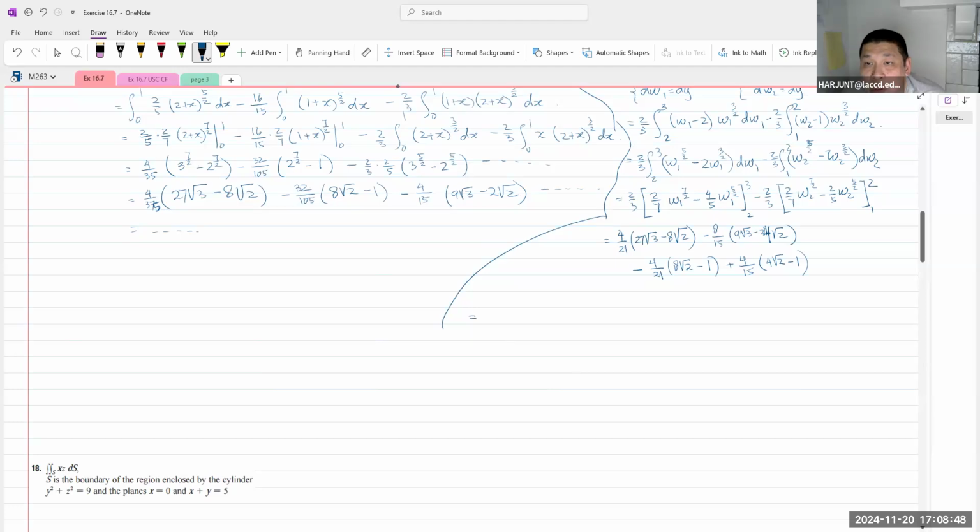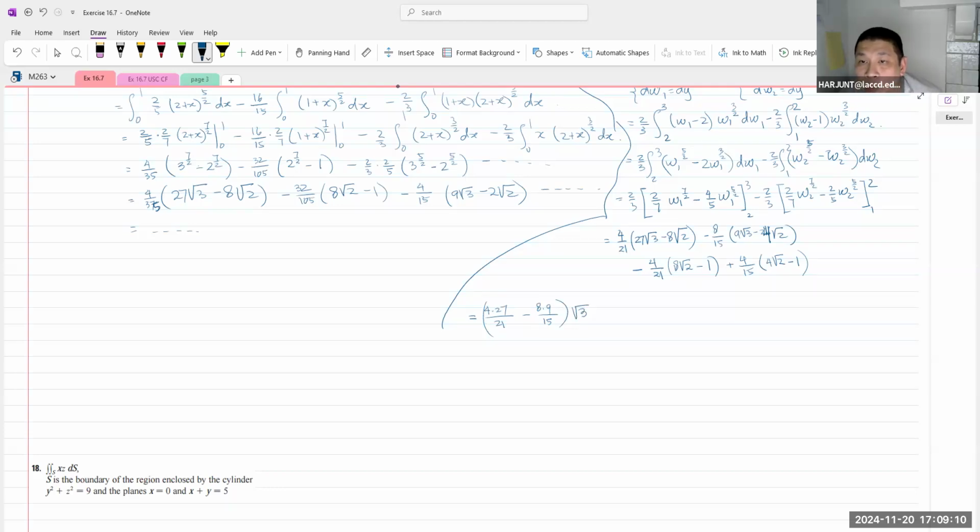So this is equal to 4 times 27 over 21, and then minus 8 times 9 over 15, square root of 3.